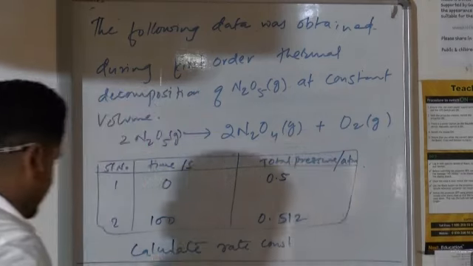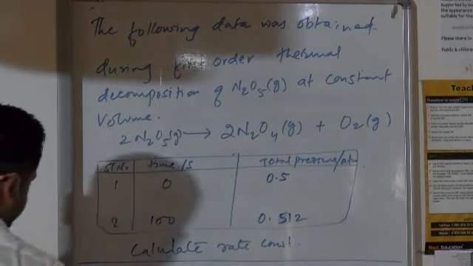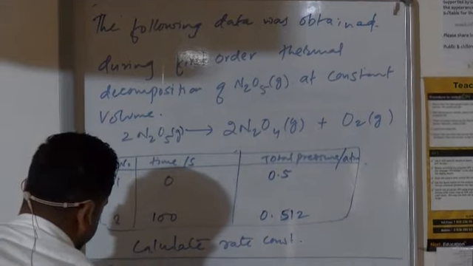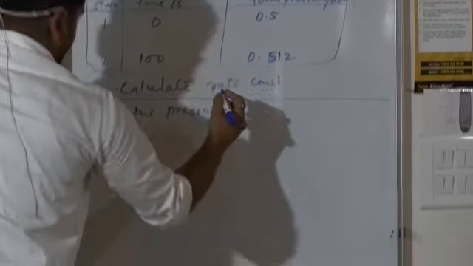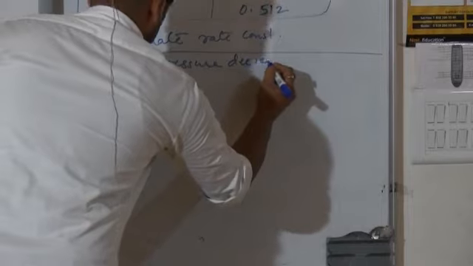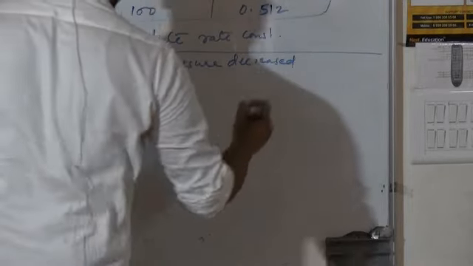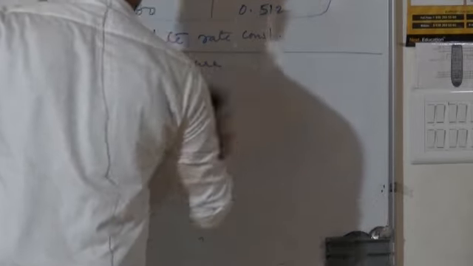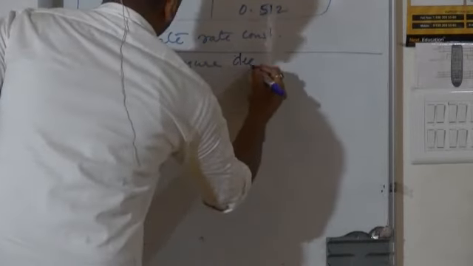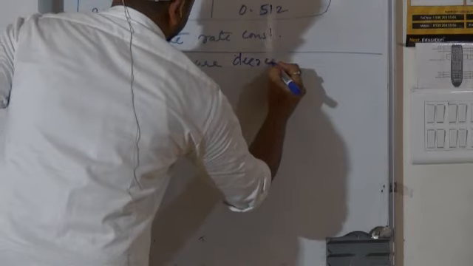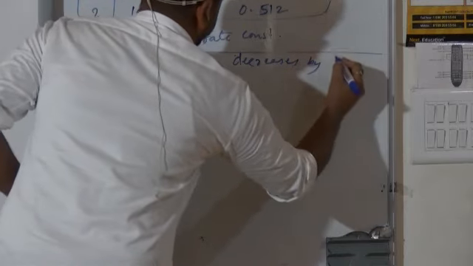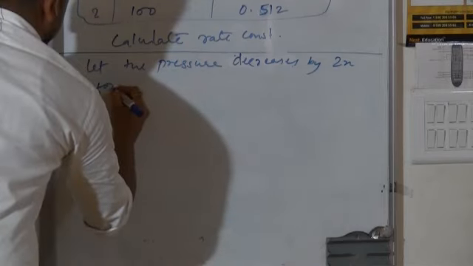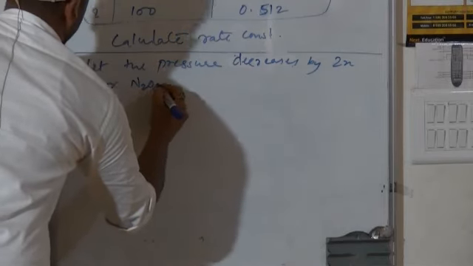Let the pressure decrease by 2x for N2O5.